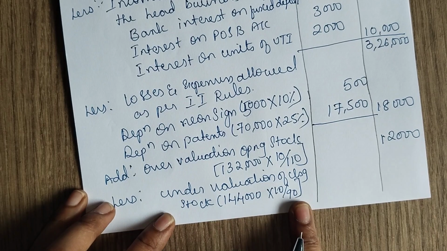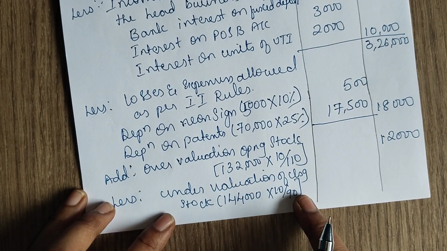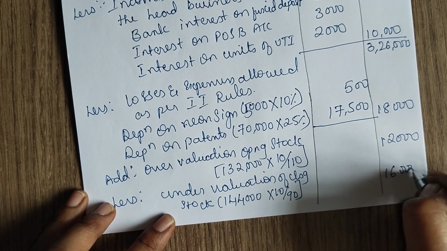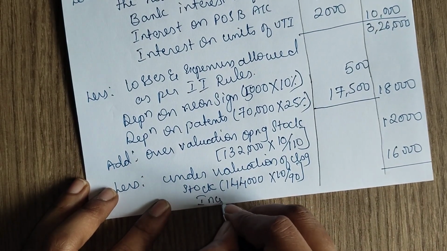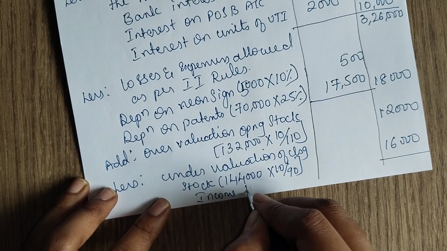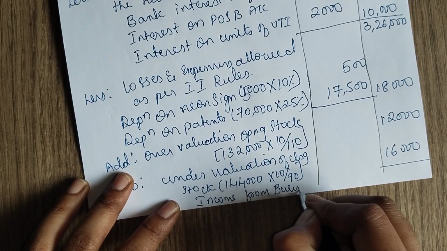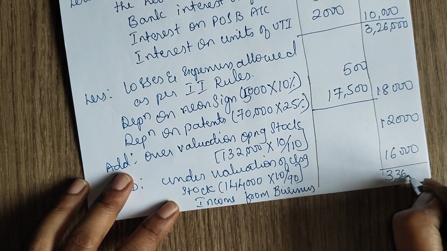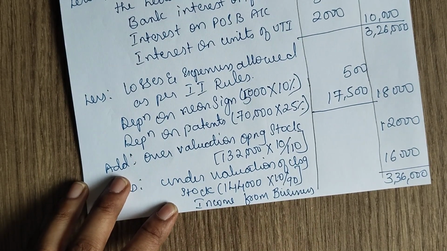So you have minus percentage. If it is overvalued, you are adding. If it is undervalued, you are minusing, 10,000. So income from business is 3,36,000.